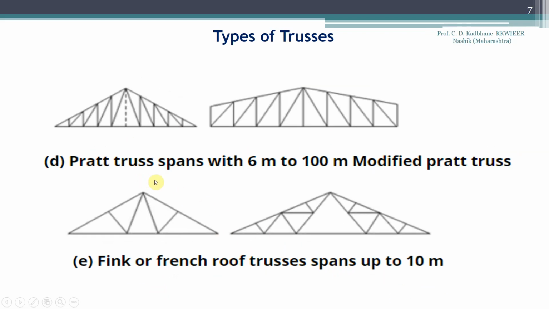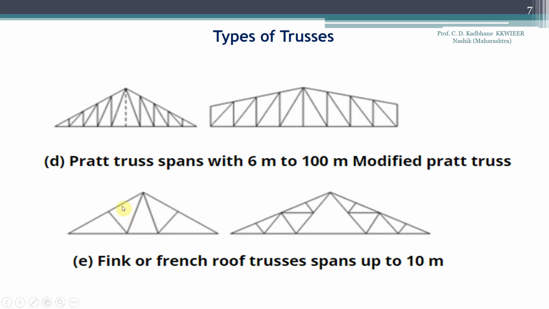Similarly, in case of spans varying from 6 meter to 100 meter, we can use a Pratt truss or a modified Pratt truss. Similarly, in case of spans, actually this is not the correct value provided here. For spans ranging from 10 to 20 meter, we can use a Fink or French roof truss.